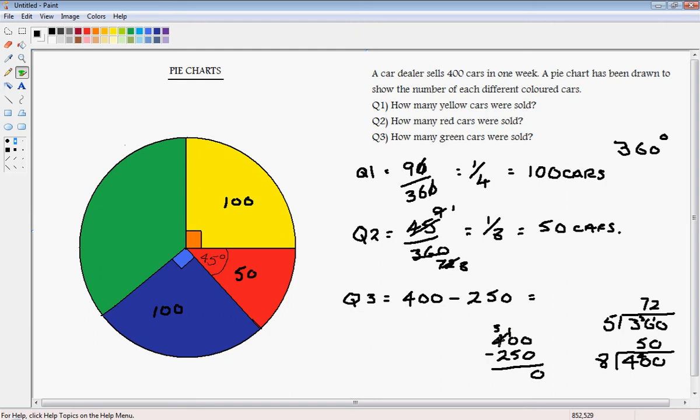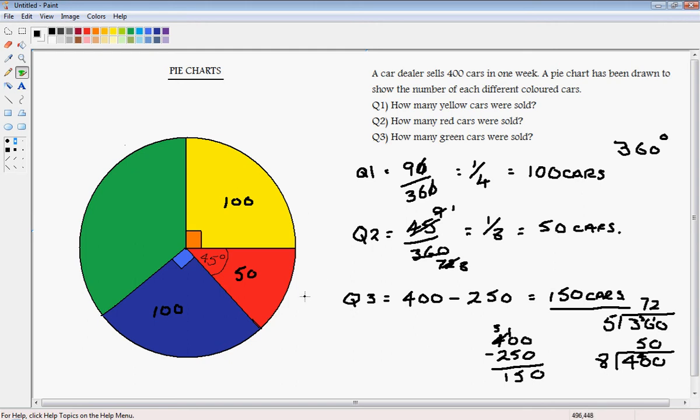I borrow 1, so that becomes 3. 5 from 10 is 5, and 2 from 3 is 1. So I can see that this represents 150 cars. That saves me all the trouble of adding these angles together, taking them from 360 and then making a new fraction.